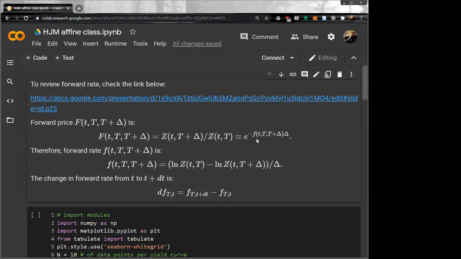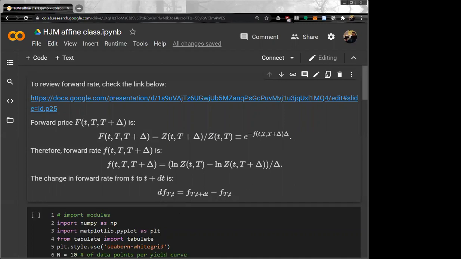If we solve for f, we can get rid of the minus, then change the denominator and take log, and then divide by delta. Then we have this forward rate. So the forward rate is log Z(t, big T) minus log Z(t, big T plus delta) over delta.